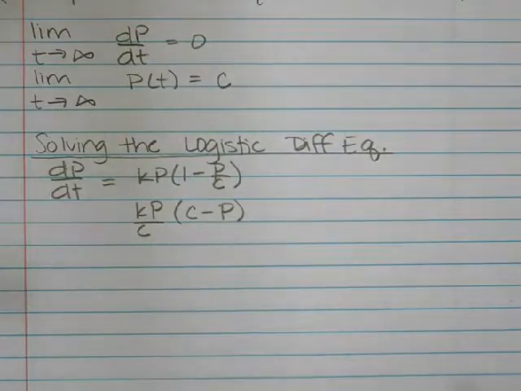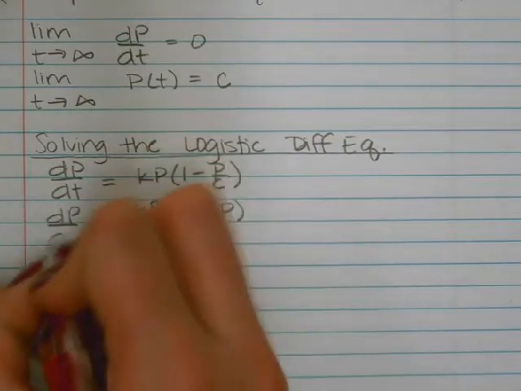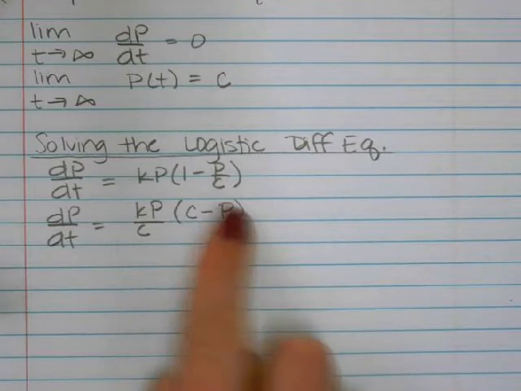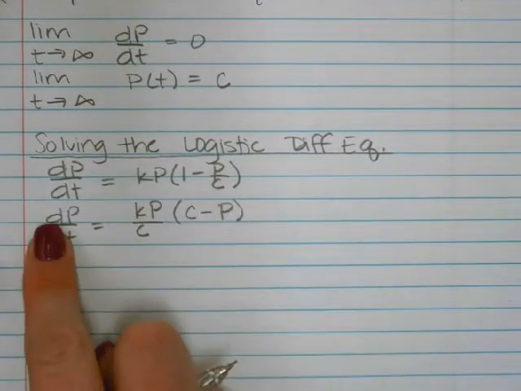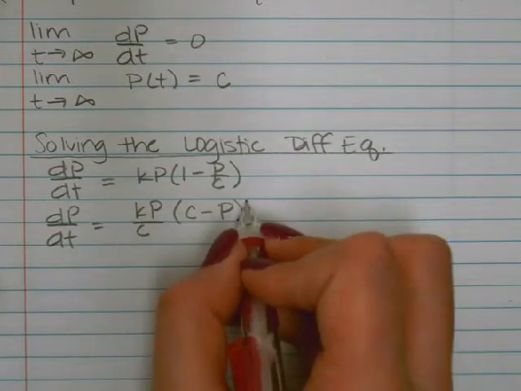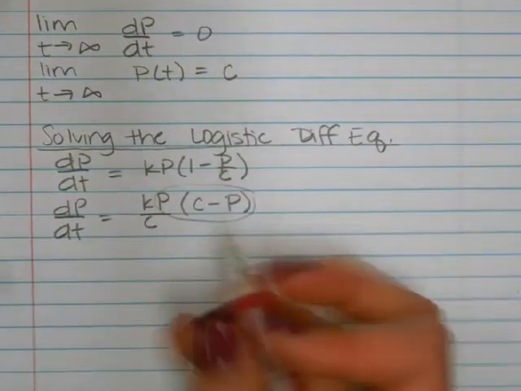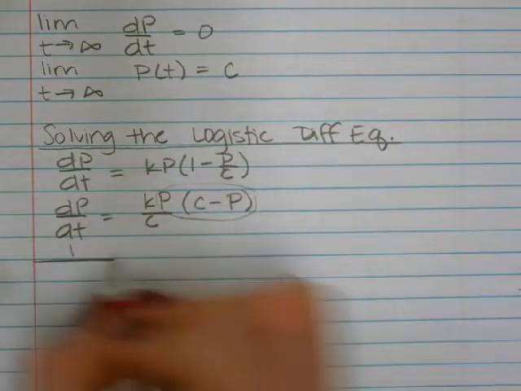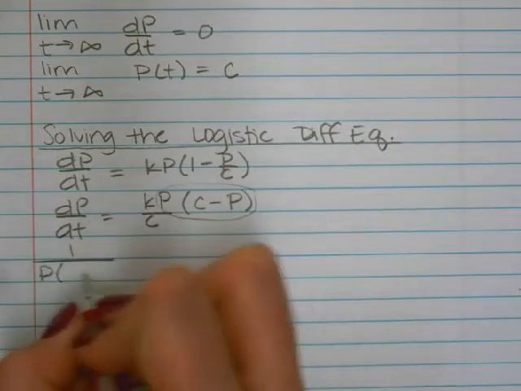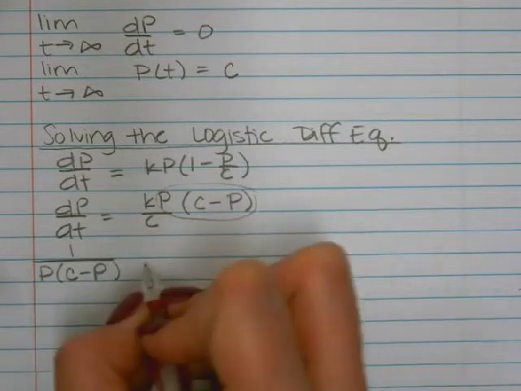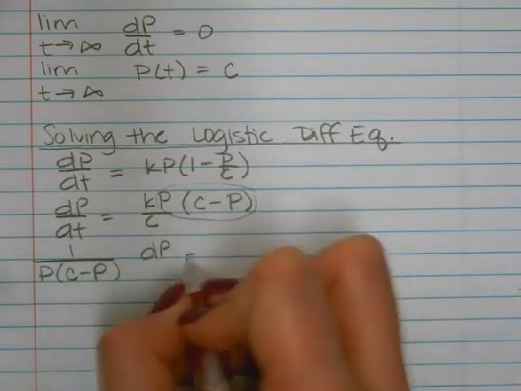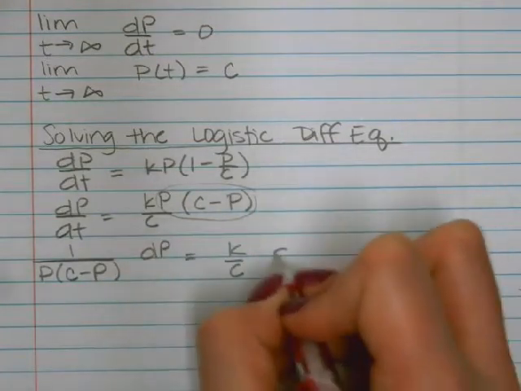I want all the P's to be on the side with the P's. So I'm going to take this part and divide it over to the other side. That gives me 1 over P times (C minus P) dP equals k over C dt.